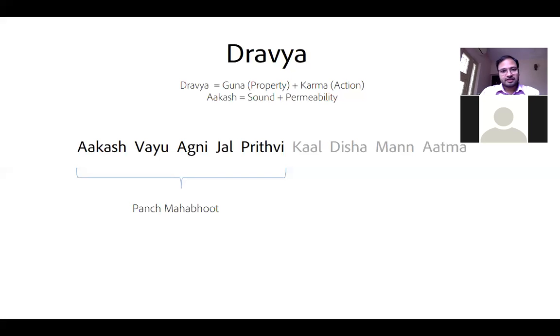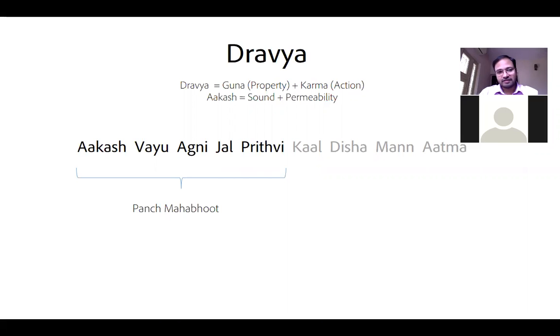So Akasha is a combination of sound and permeability. Now, permeability is a specific guna, a specific quality of Akasha. That means it allows things to cross over, it allows things to happen and occur.